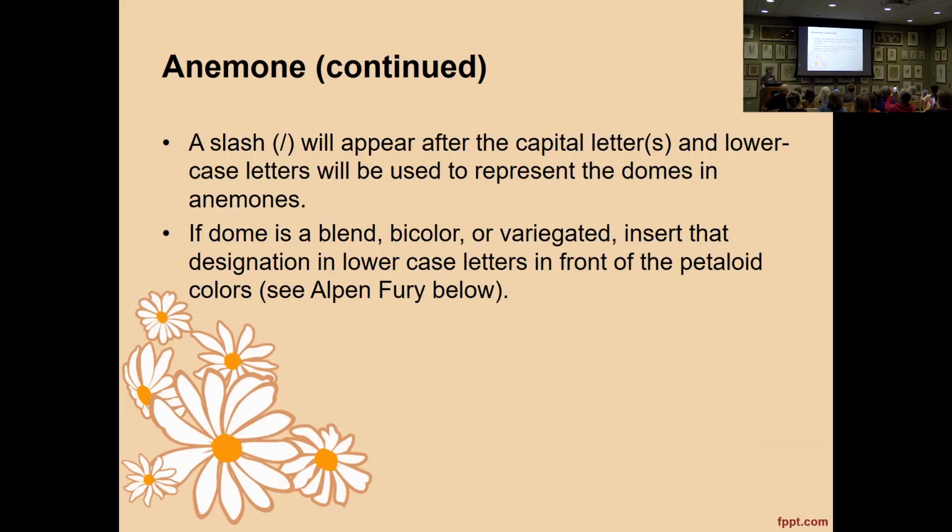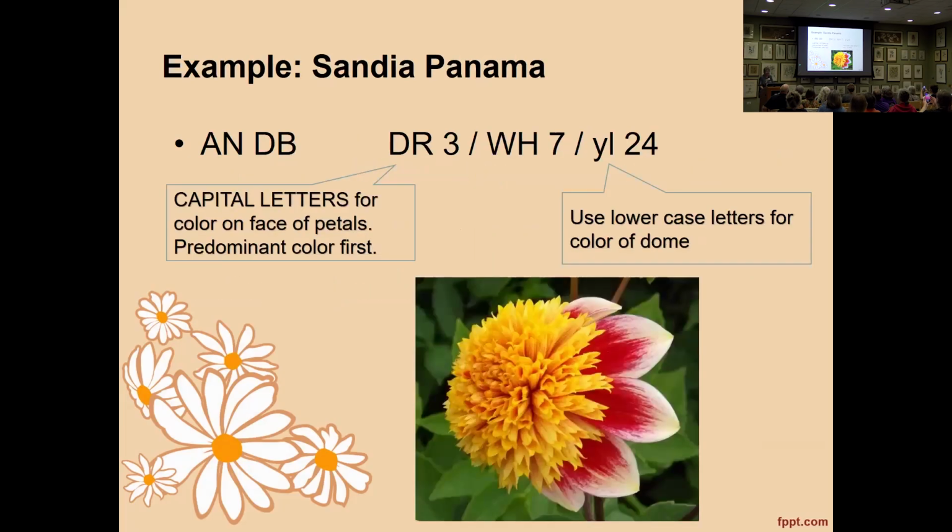A slash will appear after the capital letters, and lowercase letters will be used to represent the domes in anemones. If the dome is a blend, bicolor, or variegated, insert that designation in lowercase letters in front of the petaloid colors.